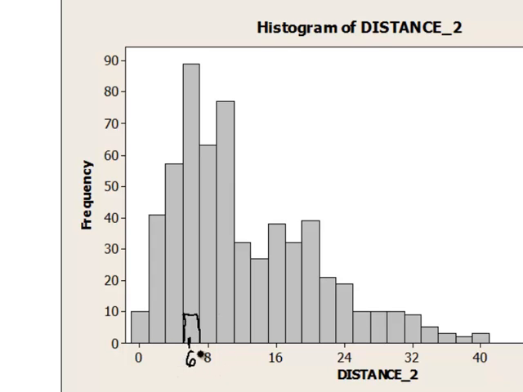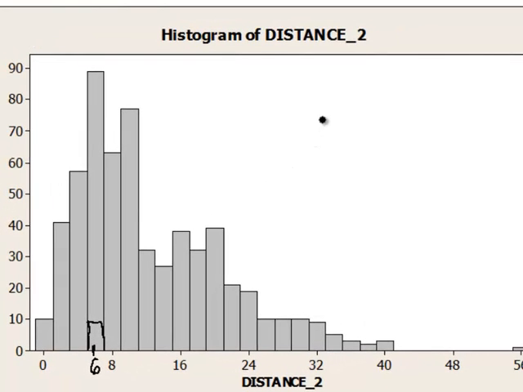So we need to determine what the lower limit is and what the upper limit is. So imagine if we look at this bin, we have a midpoint of 6. What we needed to determine is this lower bound and this upper bound.